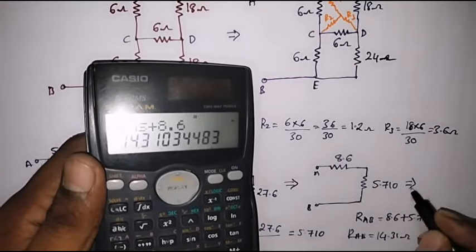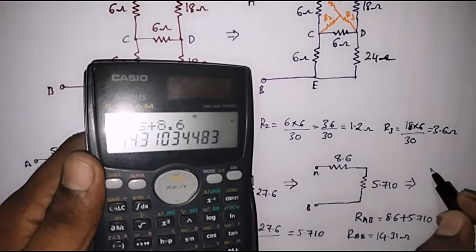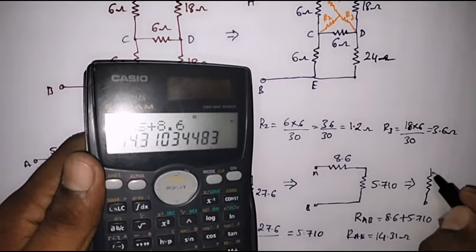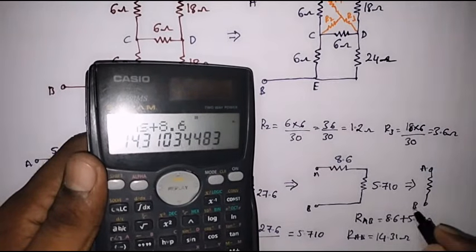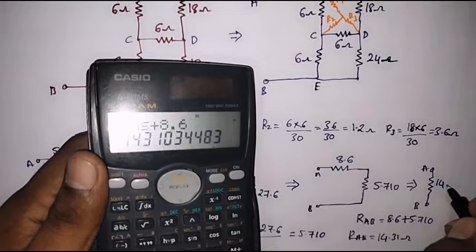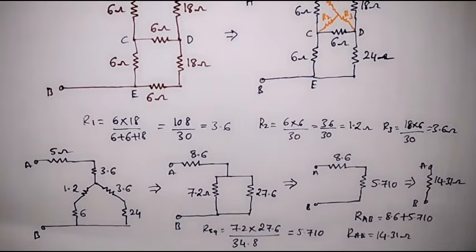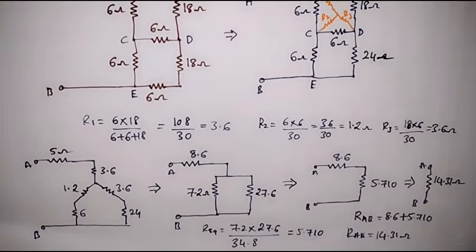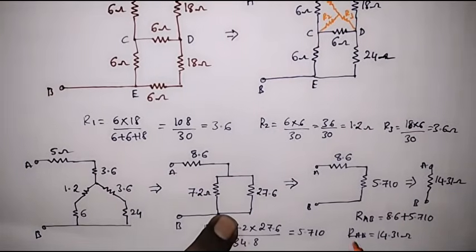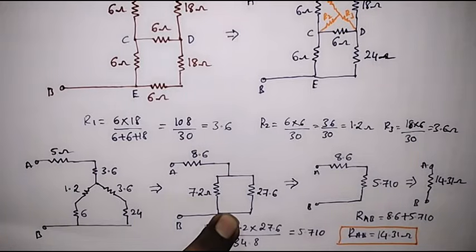So I can redraw the circuit as this is A terminal, this is B terminal. The value of this resistor is 14.31 ohm. So this is the resistance between AB, that is 14.31 ohm.